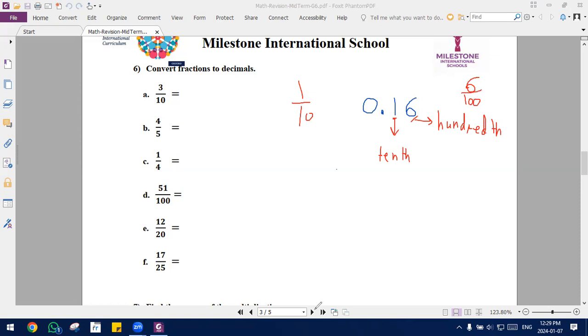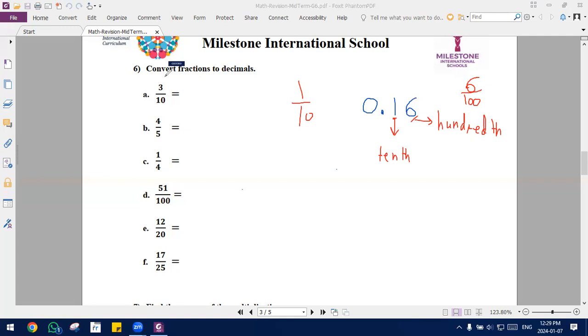So, what do we understand here? If I need to convert a fraction to a decimal, I need to make sure that the denominator is equal to 10, 100, or 1000. In this case, it's only 10 and 100. Now let's check the first one, 3 out of 10. It's already done, over 10.